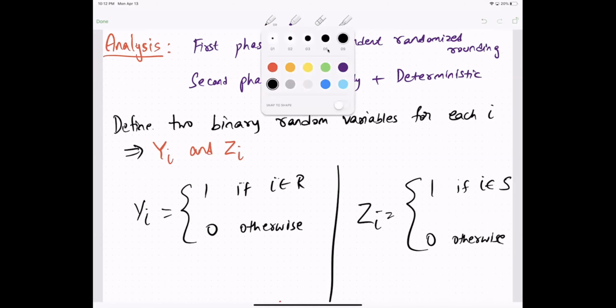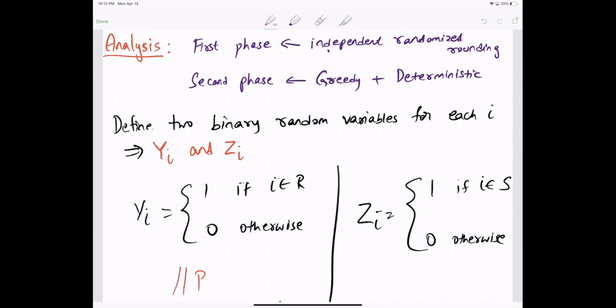So this was basically phase 1. If an interval was sampled in phase 1, then yi will be 1. If it survives phase 2 and lands in the set S, then its zi will also be 1.